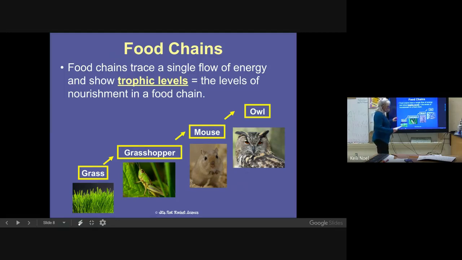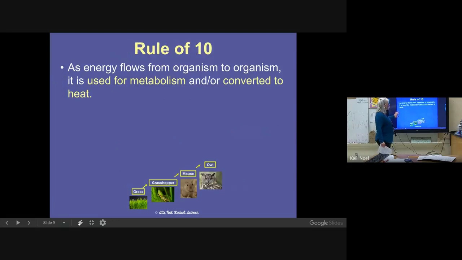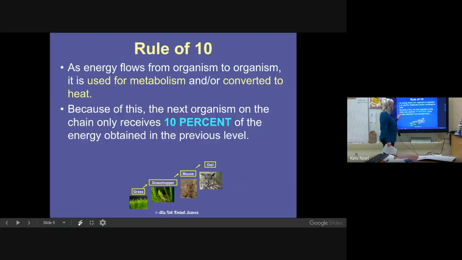And so we have this rule about how energy flows through here. It's called the rule of 10. As you go through a food chain, the grass is going to contain the most energy. As you go up, you're only passing 10% of the energy to the next level.